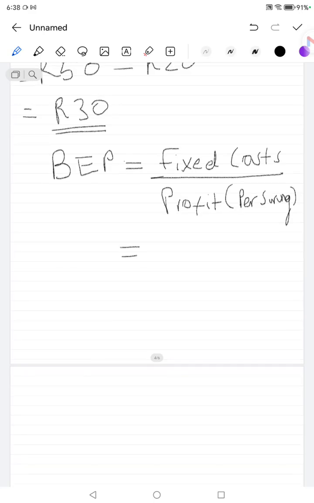So now you're going to calculate at your break-even point that you have that 10,000, then you will divide by your profit per serving, then you'll say you have your 30 rand. Then can someone just punch that? Then you check the number of servings that you have to make.